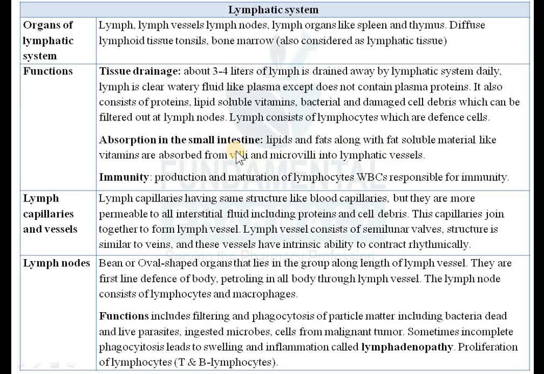Okay, so absorption of fat and other fat soluble material, vitamins, from the villi and microvilli part of the intestine into the lymphatic vessel. So lymphatic vessels, lymphatic capillaries, are supplied to the small intestine, where there is folding and refolding known as microvilli and villi. So from there, fats are absorbed.